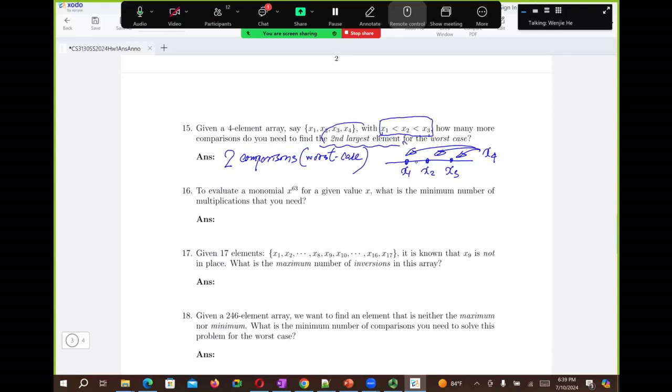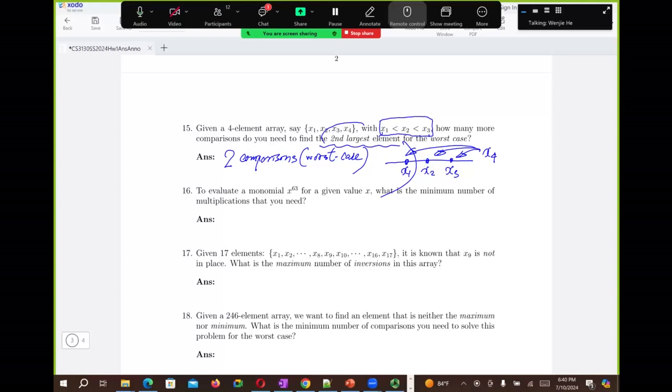We can save the last comparison. After you make the first 2 comparisons, you can already determine which one is the second largest, so you stop. That's for those students who gave me 3 comparisons.